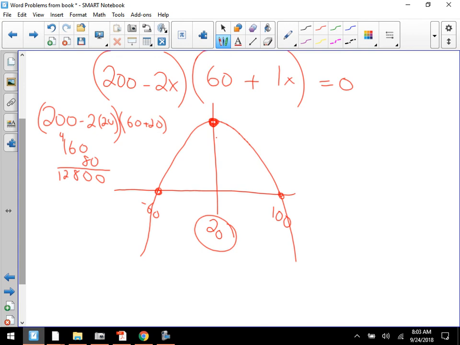Yes, sir. I noticed that like in the graph here, zeros are negative 60 and 100, and I was just wondering, would it be possible if you sell it for negative $60 if you would make more? Right, that's what the zero means. You make no money. So basically, if I'm giving away shoes, am I making any money?